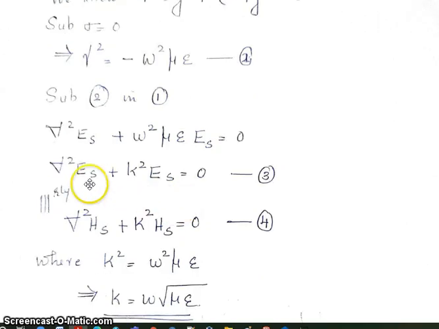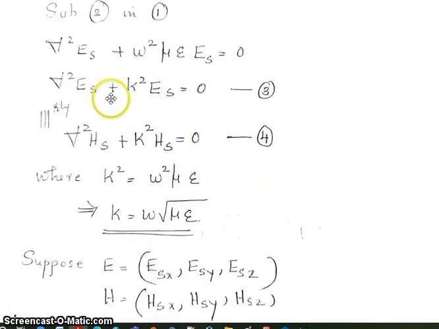So I will finally get del square Es plus omega square mu epsilon Es is equal to 0, out of which omega square mu epsilon is taken as k square, where k is your wave number. So I can write del square Es plus k square Es is equal to 0.